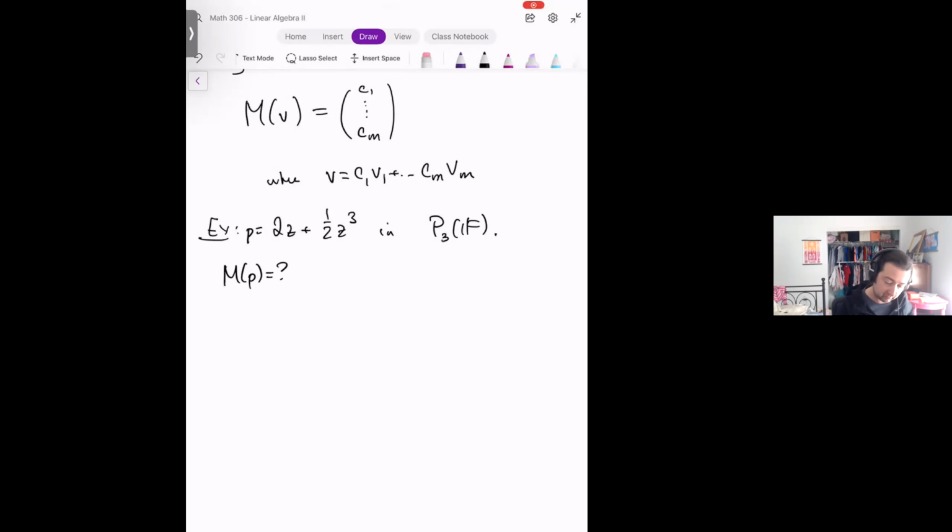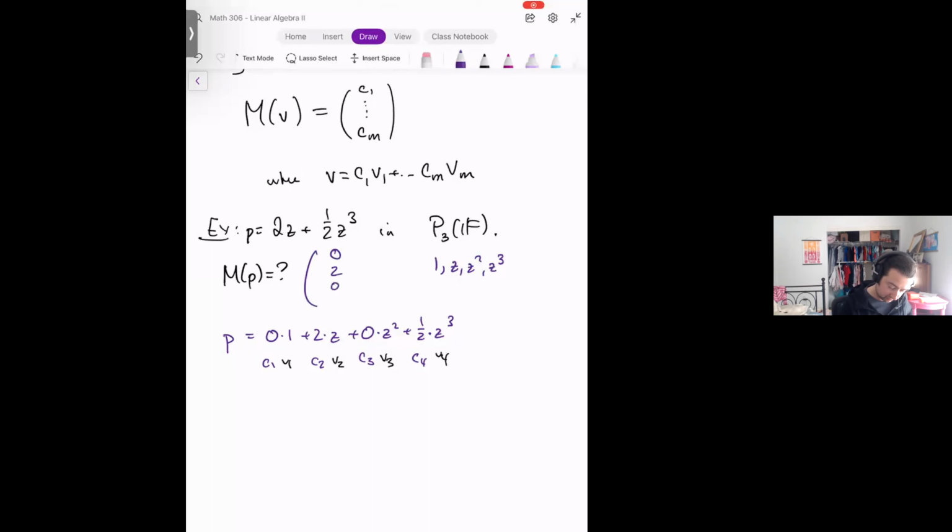Well, first we have to pick a basis for P3, and I can use the standard basis here: 1, z, z squared, z cubed. p is equal to 0 times 1 plus 2 times z plus 0 times z squared plus 1/2 times z cubed. We've got coefficients c1, c2, c3, and c4 times standard basis vectors v1, v2, v3, and v4. So the matrix for p should be the column vector consisting of the coefficients 0, 2, 0, 1/2.